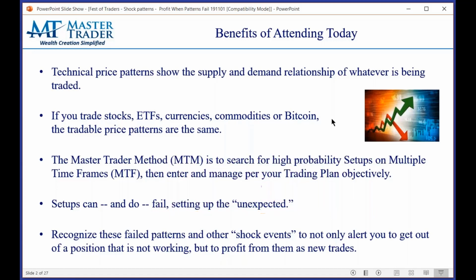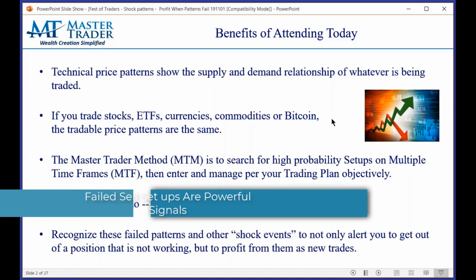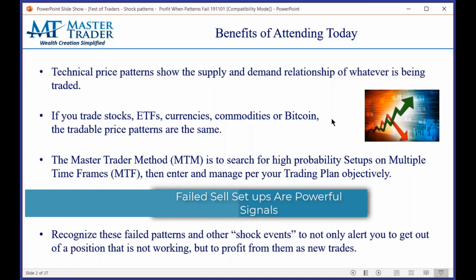So setups can and they will fail. That's a fact of life. And the interesting part about that is it sets up the unexpected. So we're going to talk about what I'm calling these shock patterns.